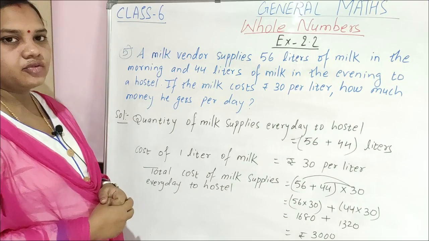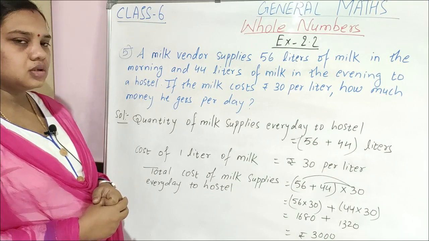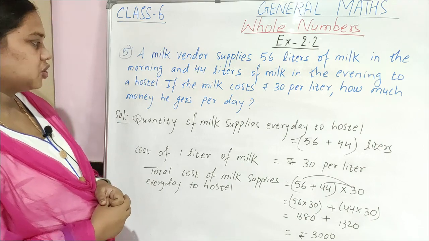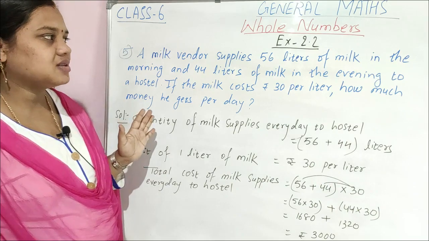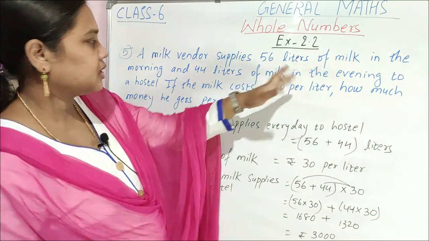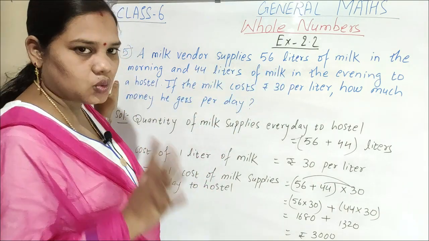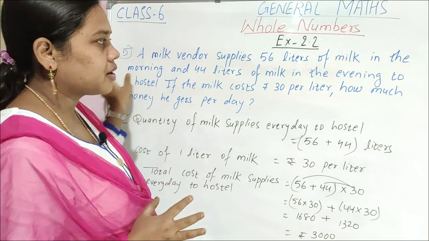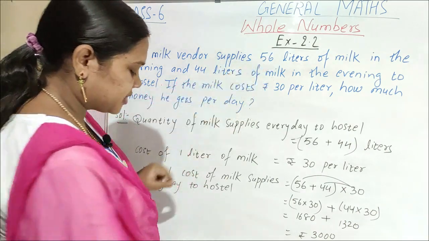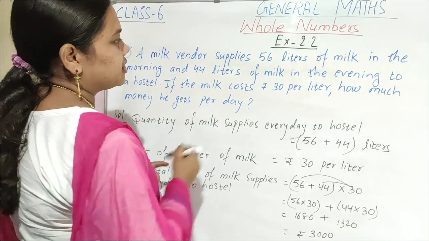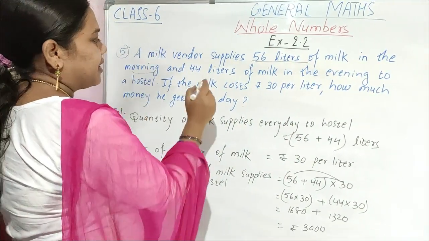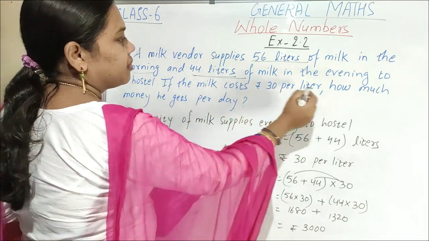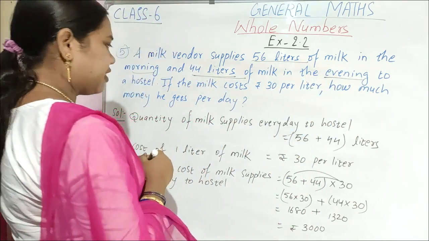So see children, now we see one word problem for the properties. See, question is, a milk vendor supplies 56 liters of milk in the morning and 44 liters of milk in the evening, every day.